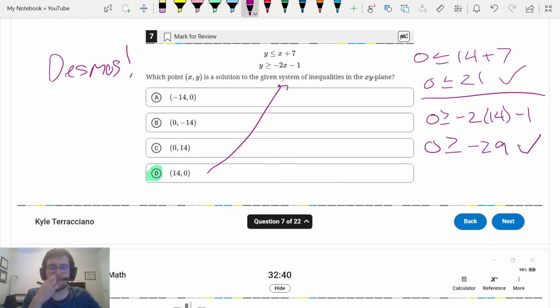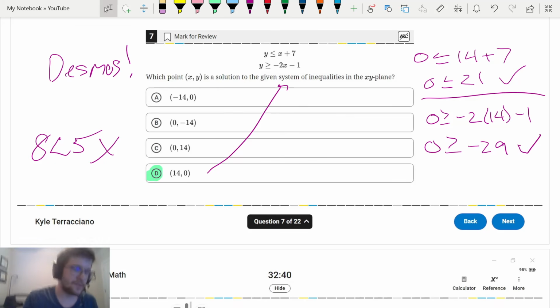So if both inequalities are true, it's the answer. If you did this with all of them, you would realize that at least one of them is false. Like you would get, for example, 8 is less than 5, which is false, right? So that's how they want you to do it, but since they added Desmos, you really don't need to do that at all. I think just making the picture is a lot easier.